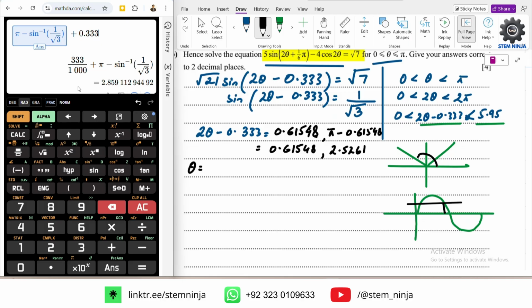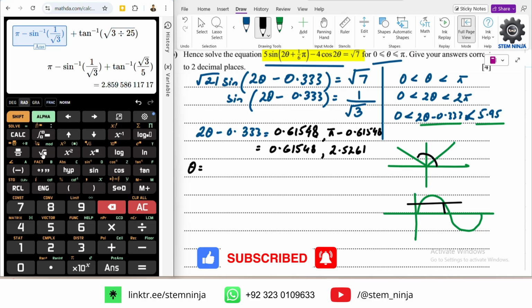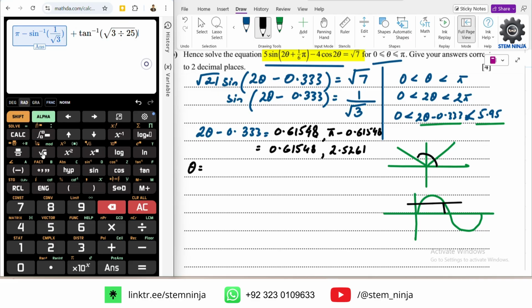So absolutely fine if you want to choose that. So let's say, for example, if we choose to go that way, this would look like tan inverse of root 3 over 5. And this divided by 2 is 1.42930.